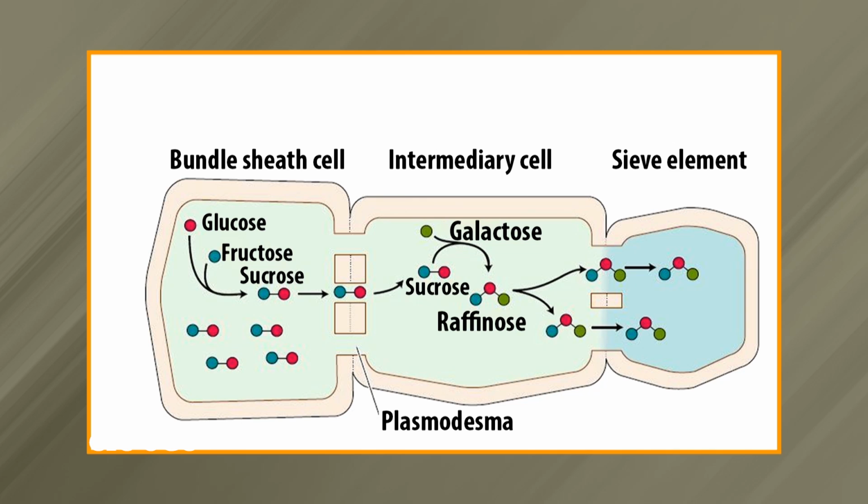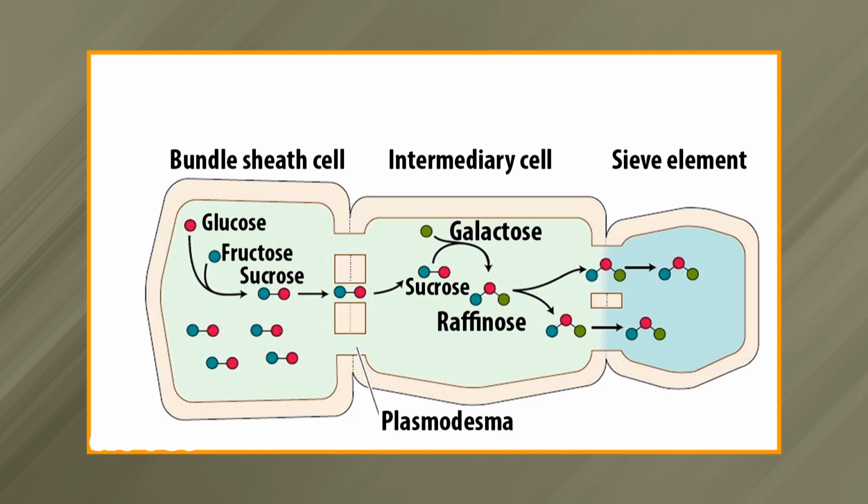Due to the particular anatomy of the tissues and their relatively large size, raffinose and stachyose cannot diffuse back into the bundle sheath cells. However, they can easily diffuse into the sieve element because of wider plasmodesmata between companion cells and the sieve elements.